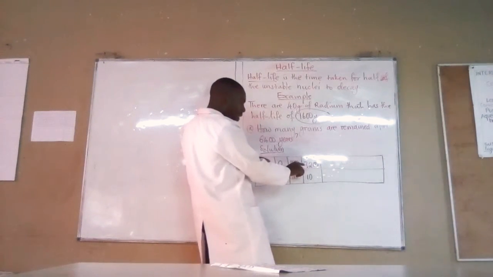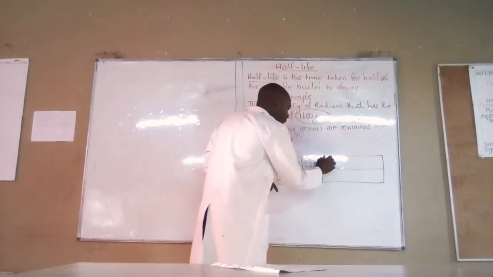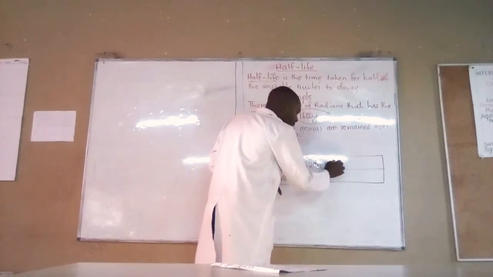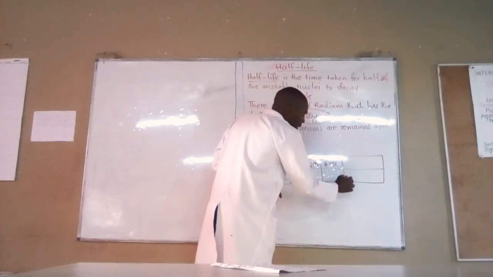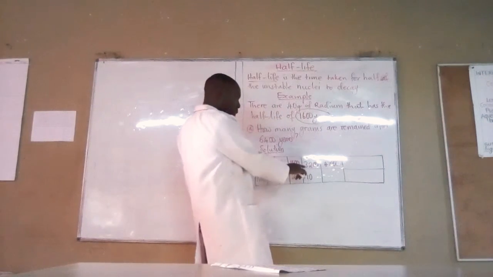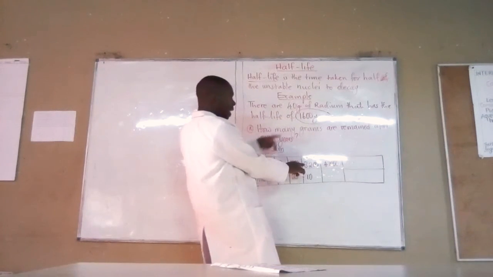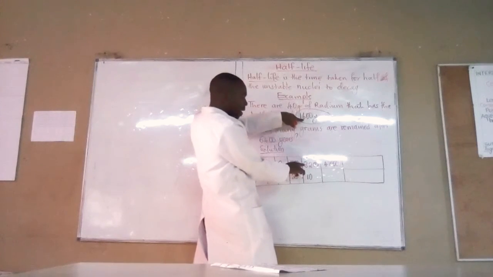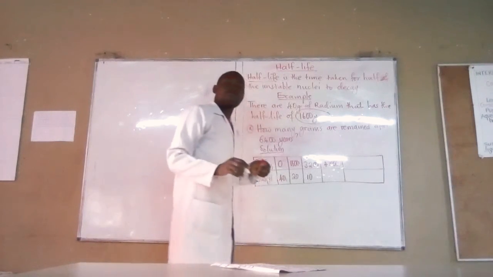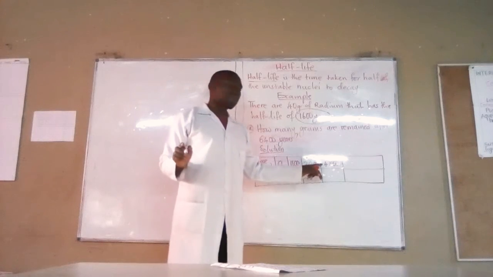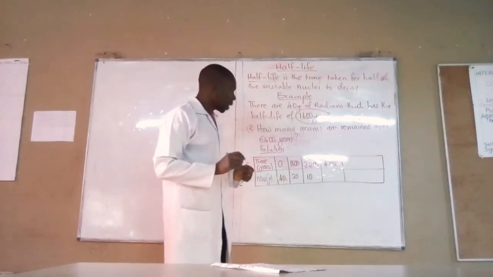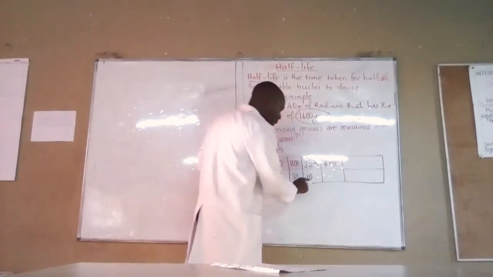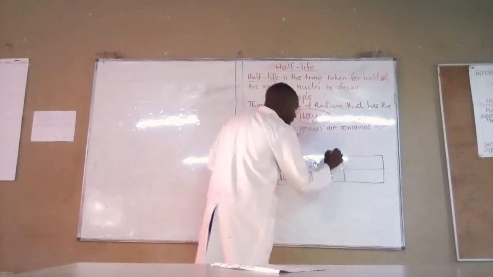And then, when you add 3200 plus 1600, which is the half-life, it gives you 4,800 years. Half of 10 gives you 5.